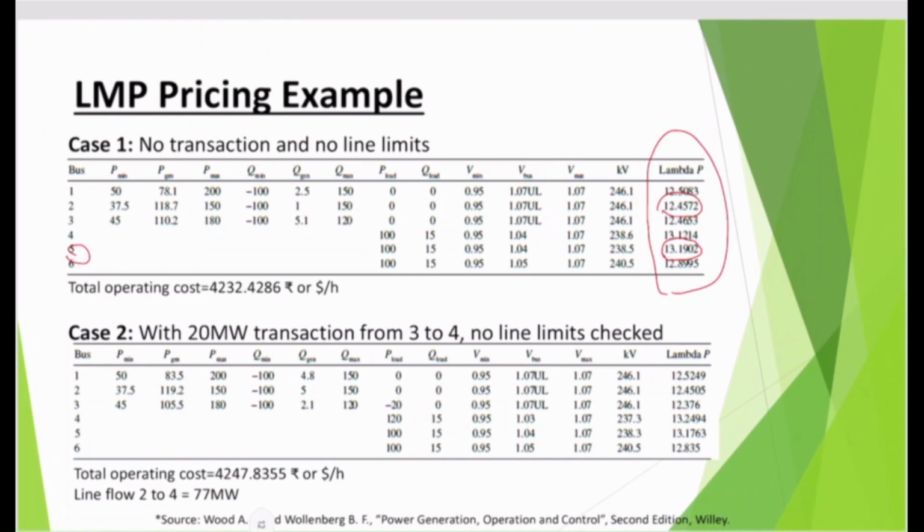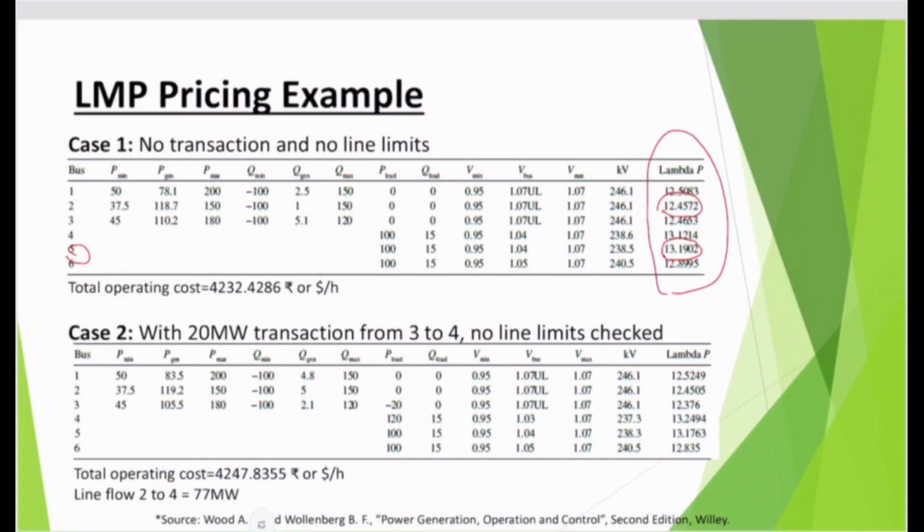So if you are carrying out a 10 megawatt transaction or a 100 megawatt transaction, then 13.1902 minus 12.4572 multiplied by 100 will give me the cost for a 100 megawatt transaction between bus number 5 and bus number 2.